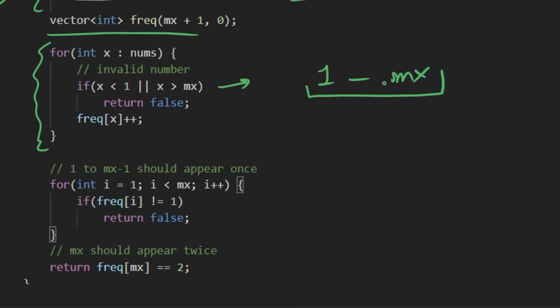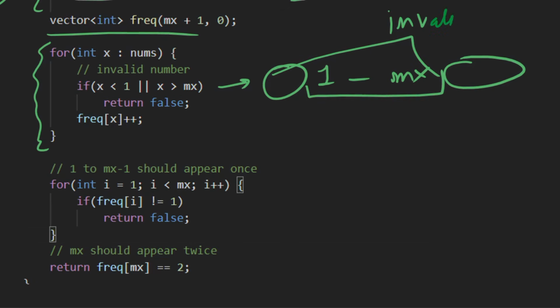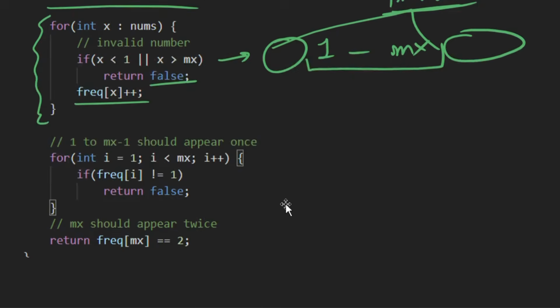So if any number is present out of this range, then that number is an invalid number. So if the array has an invalid number, then that array can't be a base of mx, so we return false, else we increase the frequency of that number, right, if it is a valid number.